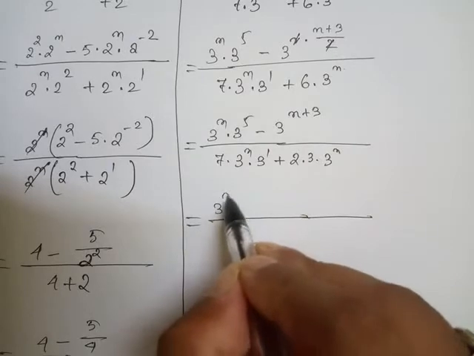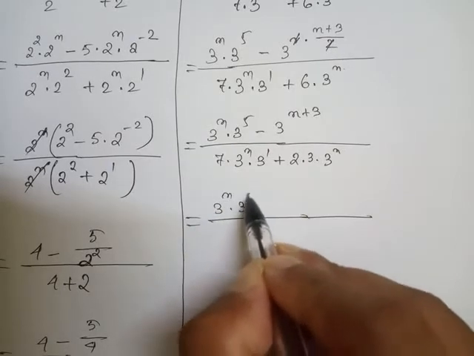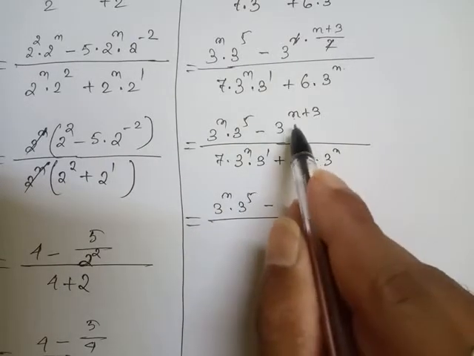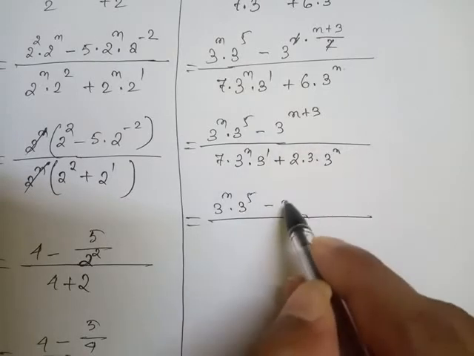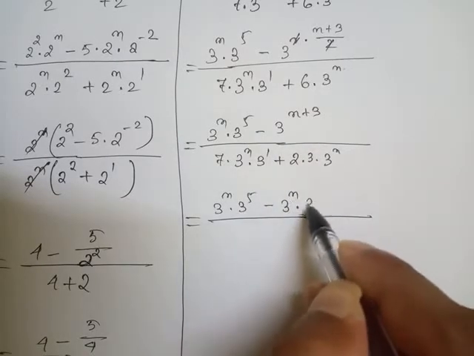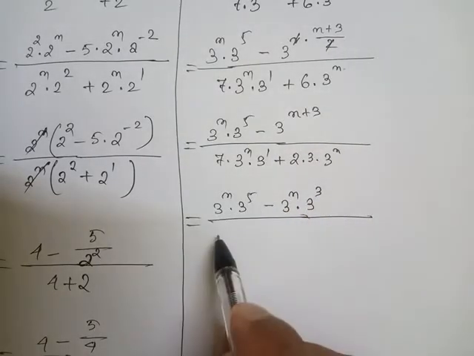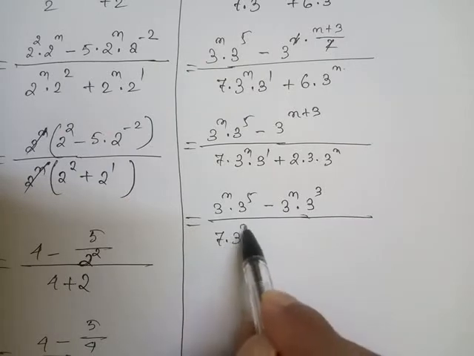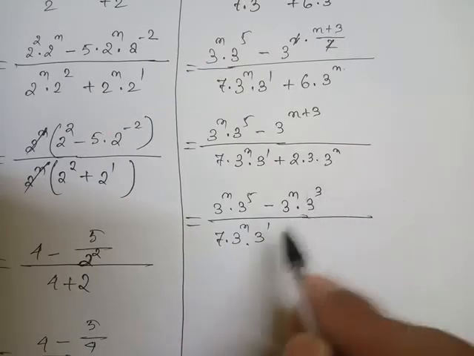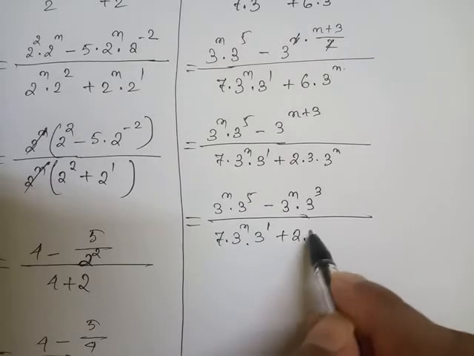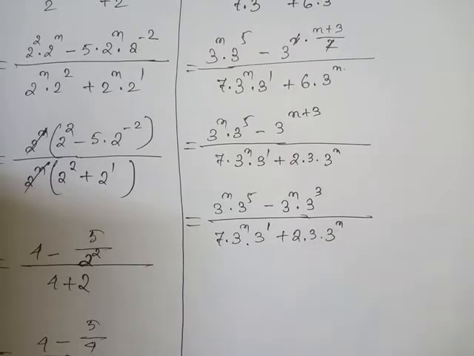Now next step, 3 to the power n into 3 to the power 5 minus this value, again we are going to split up: 3 to the power n into 3 to the power 3, and there is 7 into 3 to the power n into 3 to the power 1 plus 2 into 3 into 3 to the power n.